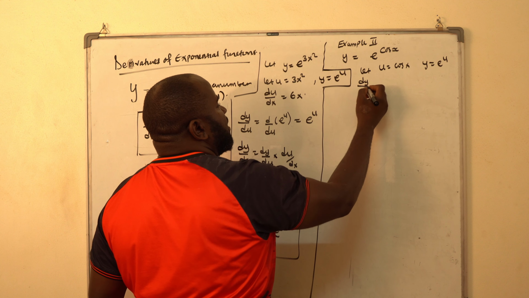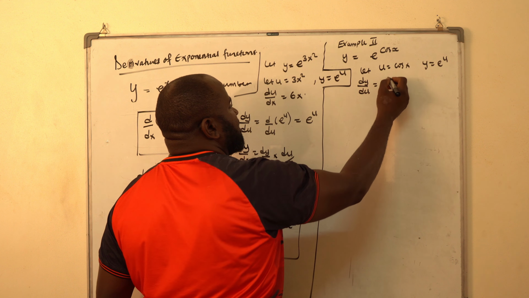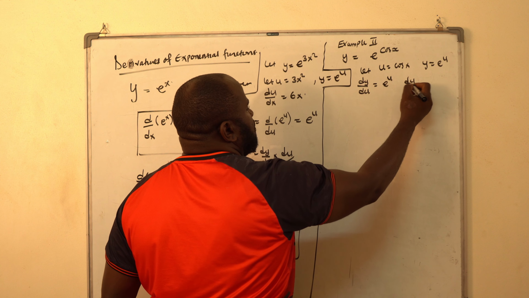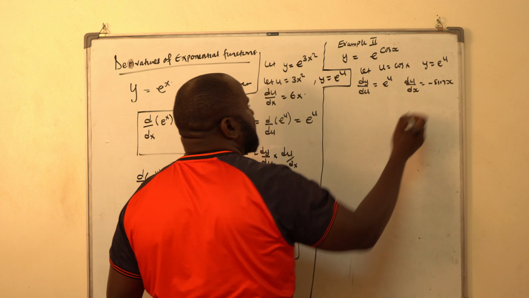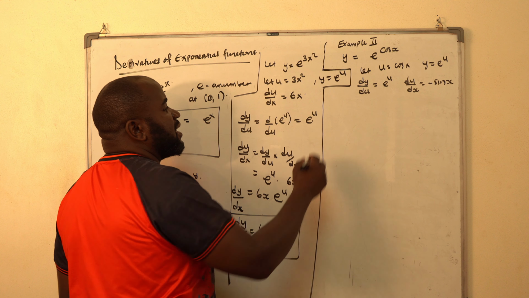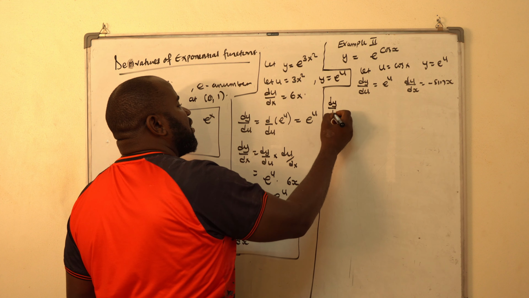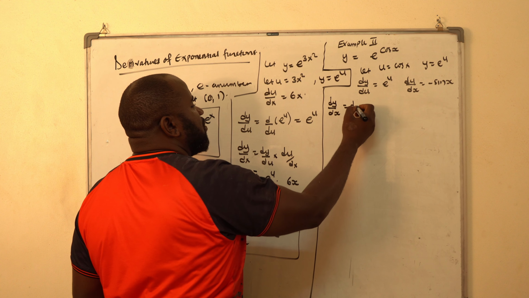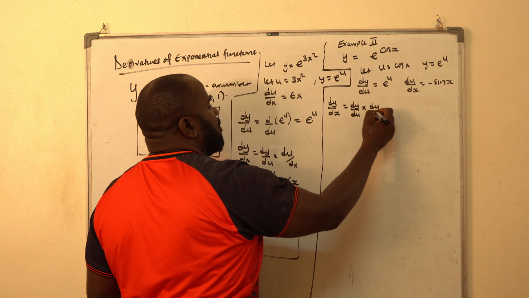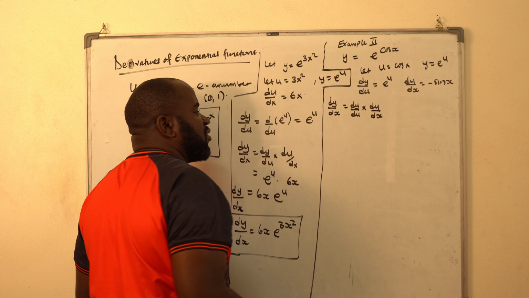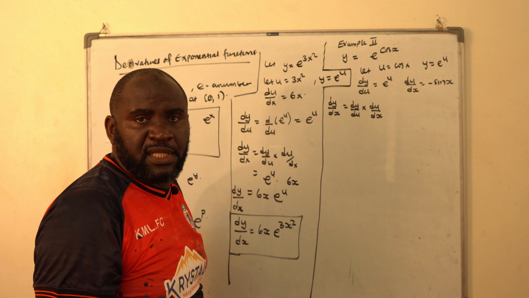Still dy/du is the same as exponential u, whereas du/dx is going to be negative sine of x. From that regard, you will have dy/dx equal to dy/du times du/dx from the technique of what we call chain rule.